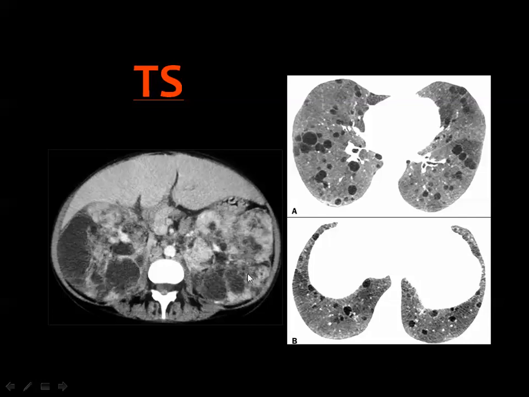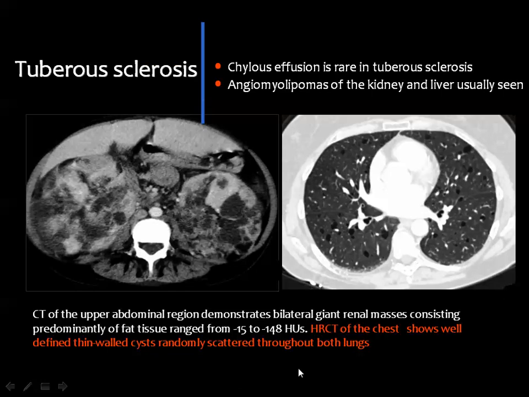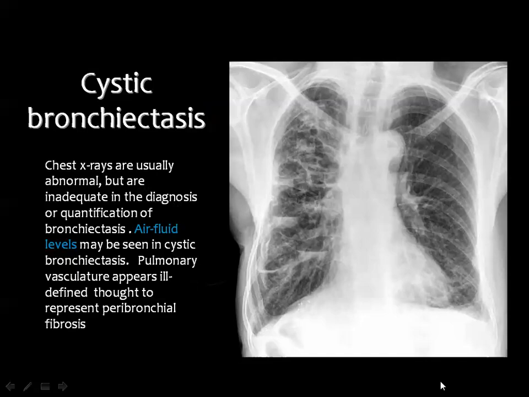In the abdomen, you can see the fat-containing lesions in both kidneys representing angiomyolipomas. And this is the case of tuberous sclerosis with lung affection and bilateral renal angiomyolipomas.